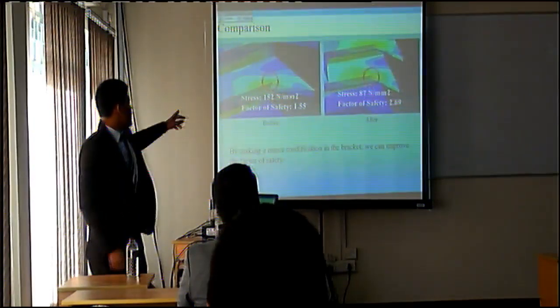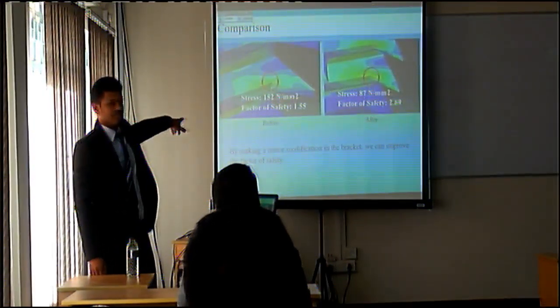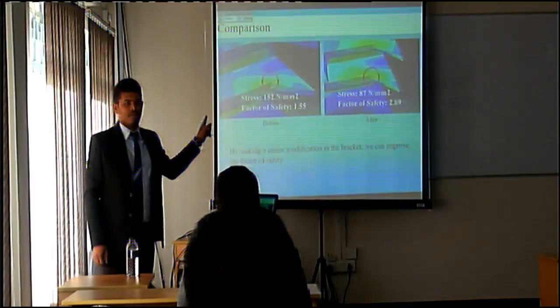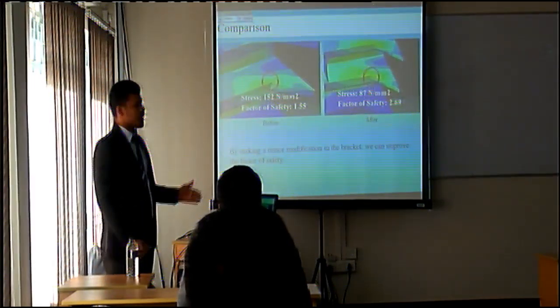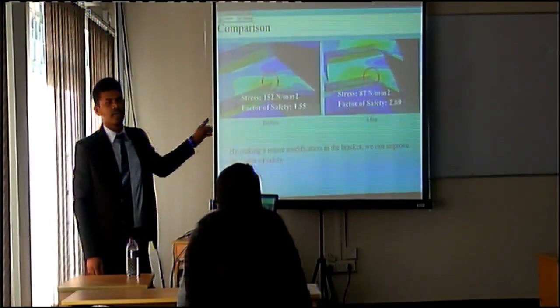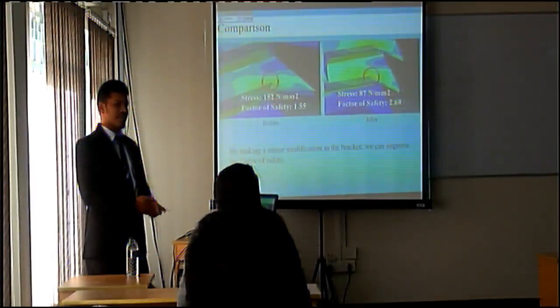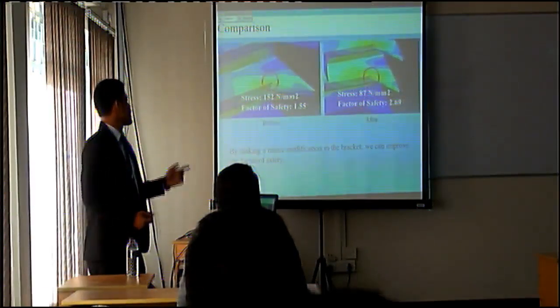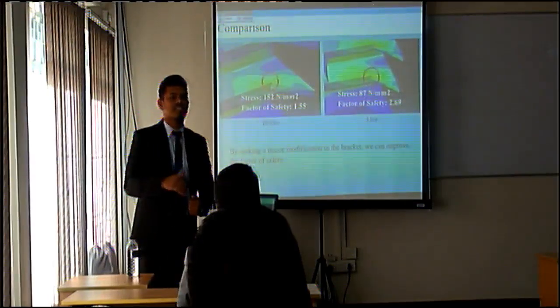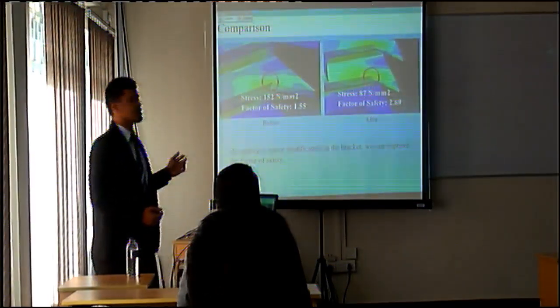The left picture we have previously seen. It shows the previous result, where we found 152 stress, and after modifying the bracket, we get this analysis and found the stress around 87, and the factor of safety has increased to 2.69. So just by making a minor change in the bracket design, we can improve this structure.